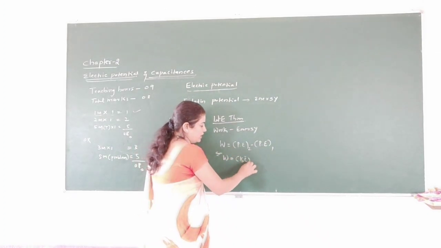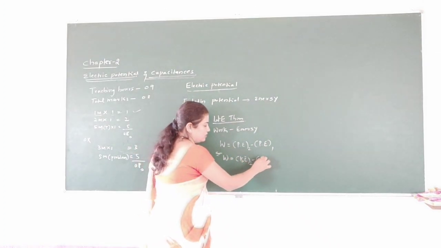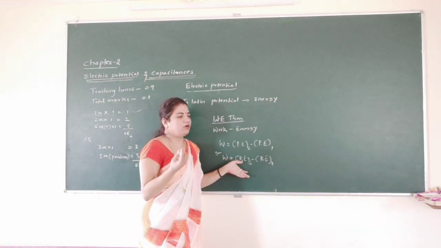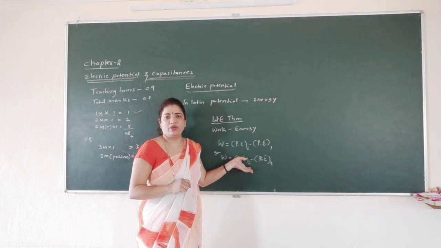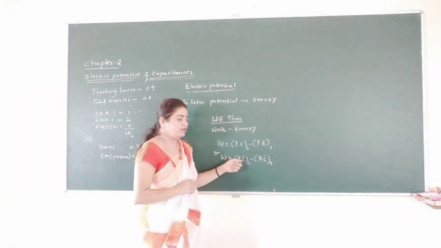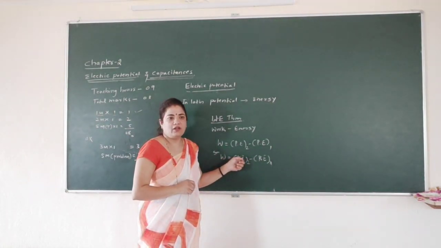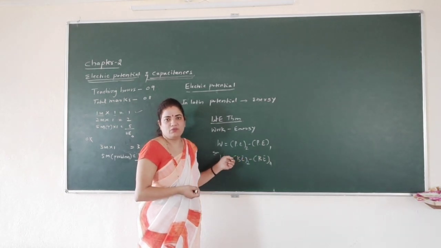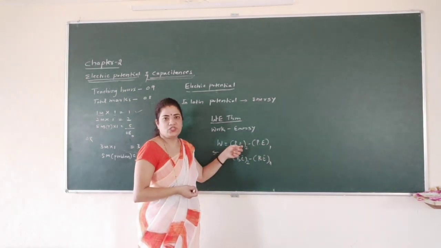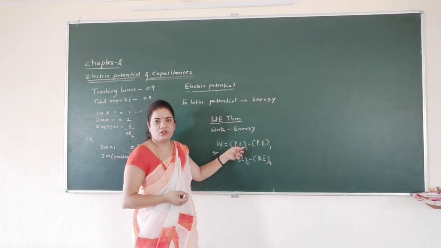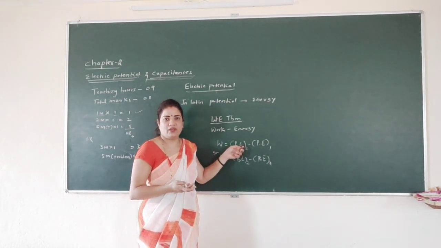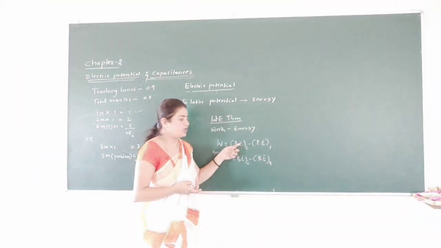Change in kinetic energy. Due to motion, a body may acquire energy. That energy is called kinetic energy. Due to this kinetic energy, we can do work. Due to position or change in configuration, the object may acquire energy. That energy is called potential energy.